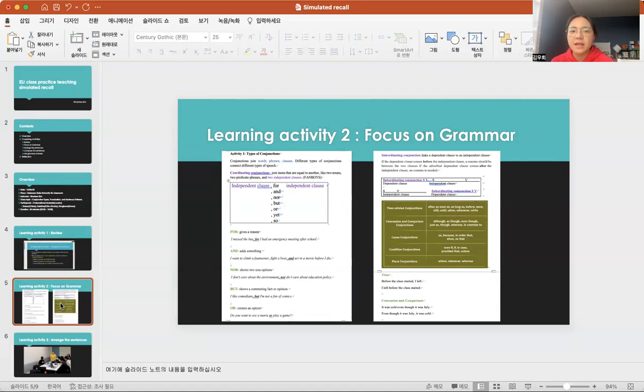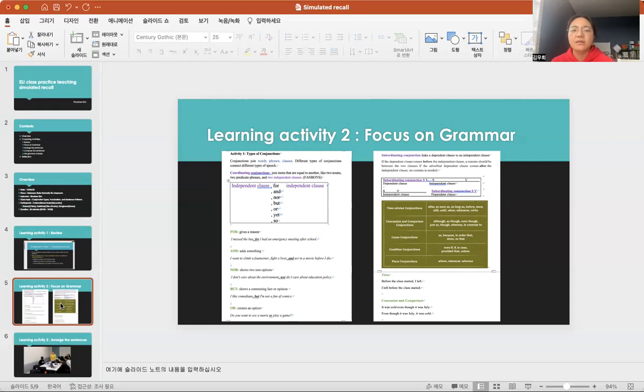I think students need to have an understanding of conjunctions. So I started from types of conjunctions, first coordinating conjunctions, which connect independent clauses.